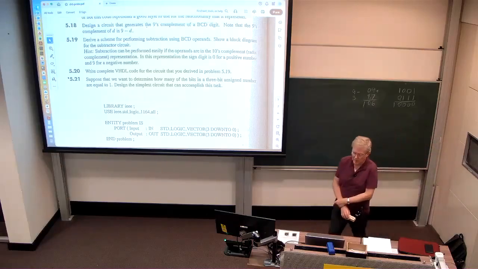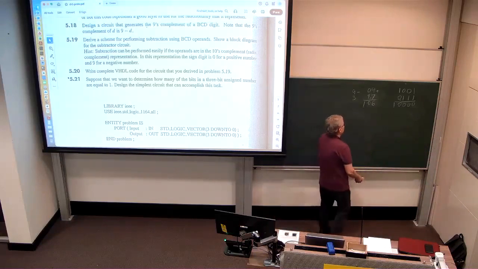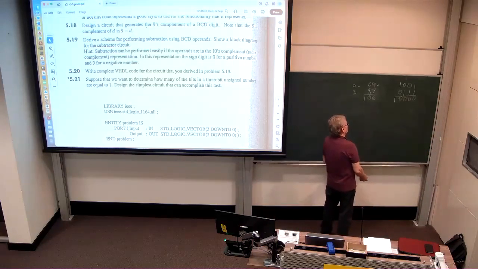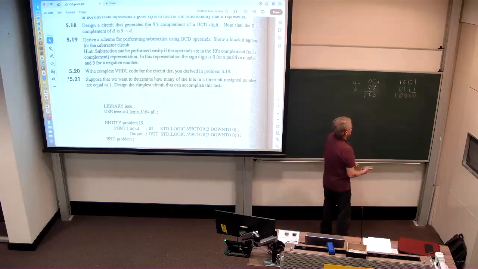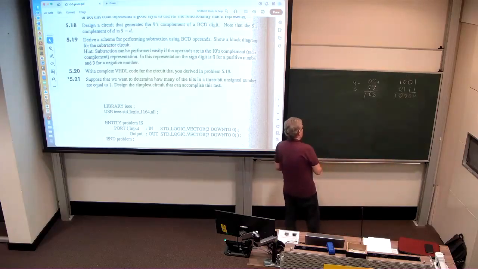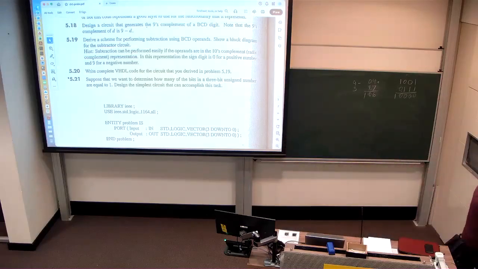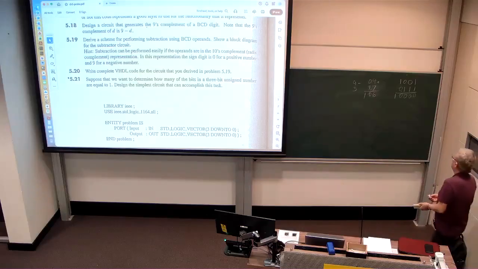I don't exactly know why I'm going wrong there. Can anybody see what I'm doing wrong? Is it not 0, 1, 0, 0 is the 3 complement? I'm not too sure yet where that's going wrong.